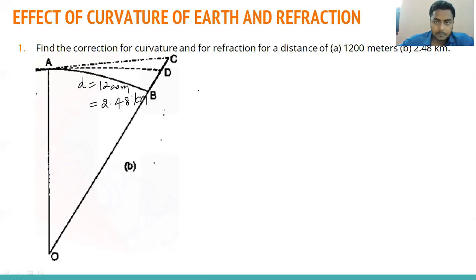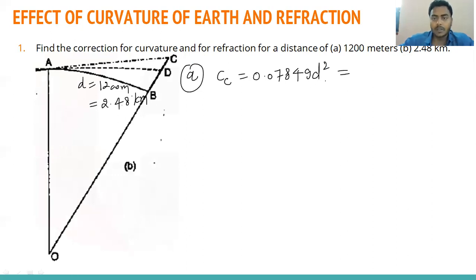Now we have the formula, so let's calculate the first one. CC is 0.07849 D square. Put the value of D as not 1200 meters, it should be in kilometers.